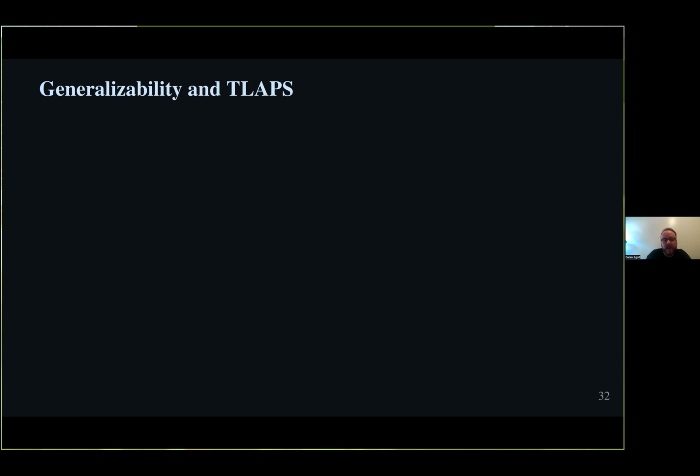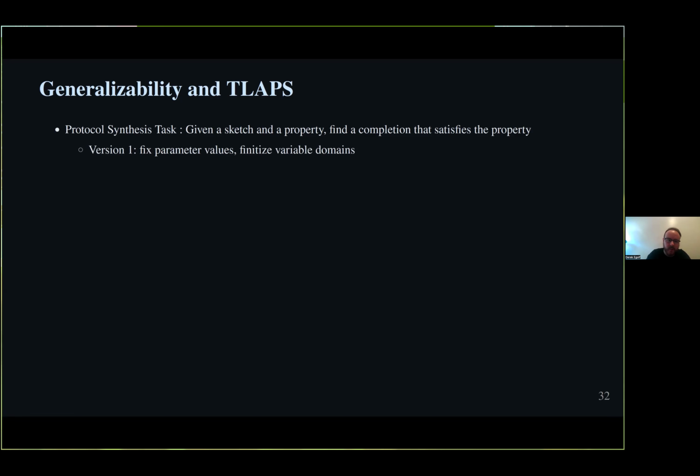So one thing that I haven't mentioned so far is that model checking is only really applicable to finite state systems. If you'll recall, the protocol synthesis task that I gave was take a sketch and a property and find a completion that satisfies the property. But really, there's 2 versions of this problem.